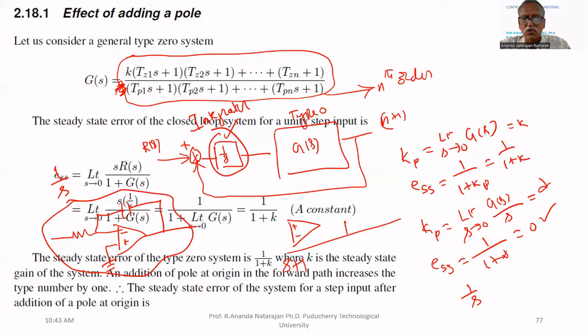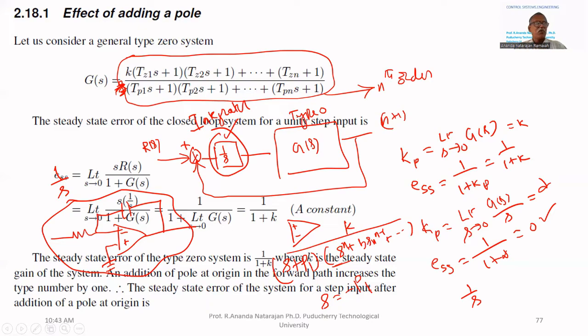Suppose I add one more pole, S plus P1, to the original system, S power n, B S power n minus 1 plus etc. If I add a pole at S equal to minus P1 on the right hand side, the system becomes unstable. Here I added only a left hand side pole, so no problem for stability.